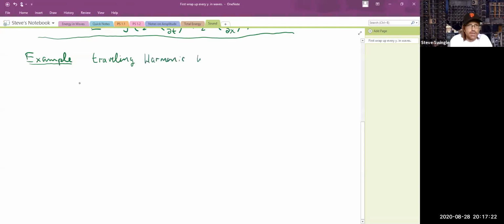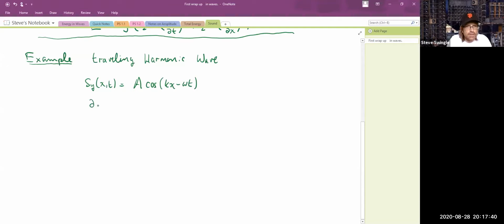You could say y of x and t is equal to A cosine kx minus omega t. So it's traveling in the positive direction.